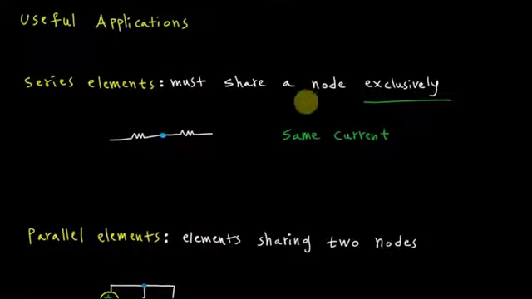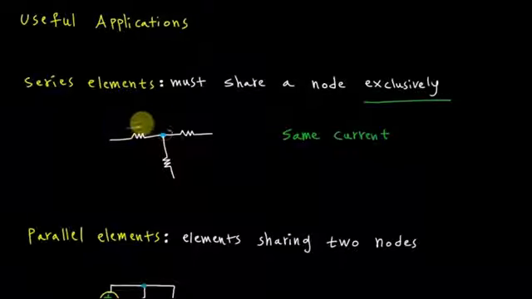So we can say that series elements must share a node exclusively. And what we mean by that is that you can't have multiple elements or branches joined at a certain node and still be in series. So in this case, you can imagine that if I have a third resistor connecting to this very node shown in blue, then the current will no longer be the same between those original 2 elements, because it will branch off into a third element or branch.